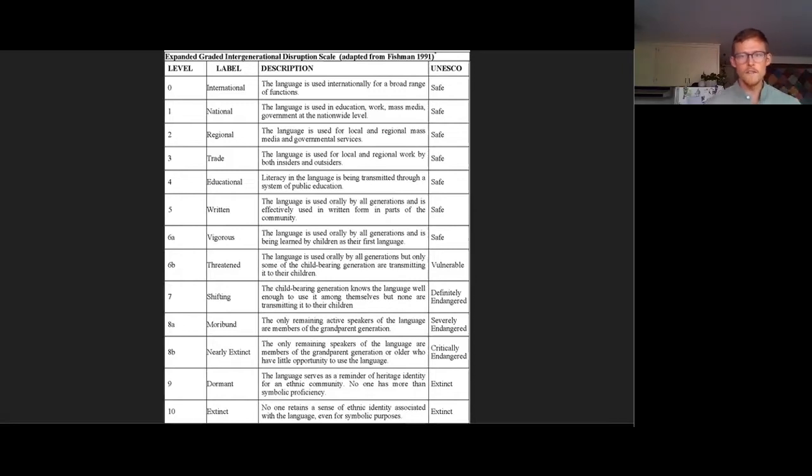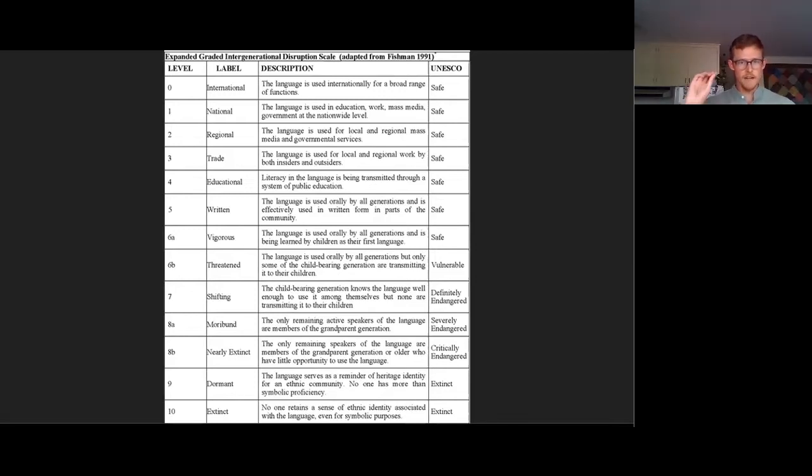If you look here on their scale, where you go from quote unquote safe languages to starting to become threatened or endangered is between the 6A and 6B. And if you look at the kind of simple definitions that Ethnologue gives, the difference between that 6A safe level and that 6B not so safe anymore level is that with 6B, the language is used orally by all generations, but only some of the childbearing generation are transmitting it to their children, right?